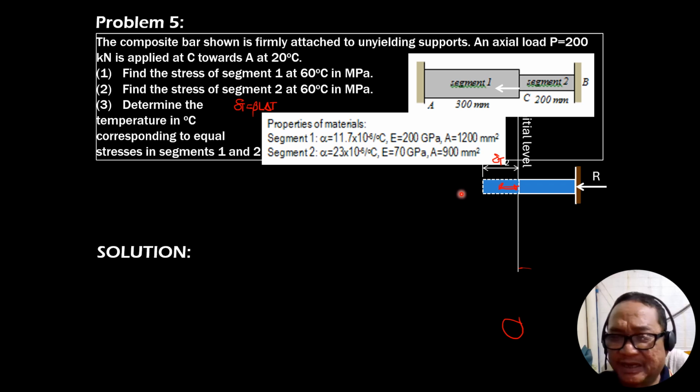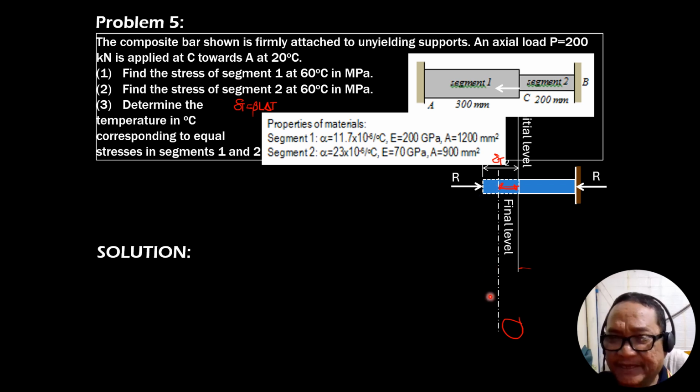Then we have here a restoring force, which is compression, which is also R. If you draw the FBD, if the reaction here is R, the force in segment 2 should be in that direction. As a result, it will deflect back, but not beyond this because the force P is causing segment 2 to elongate further. And because of that reaction with this compression, it will go back to this level here, and we call that the final level of segment 2.